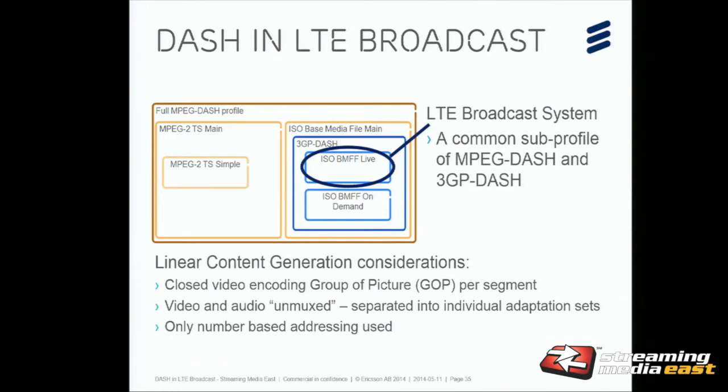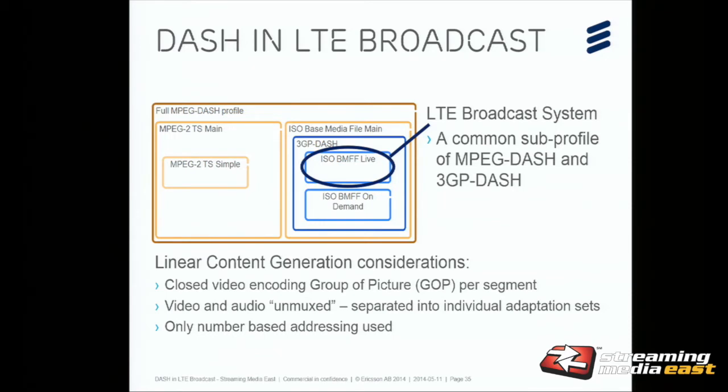Thank you. The LTE Broadcast system essentially uses a common sub-profile, a piece of commonality common between MPEG-DASH and 3GP-DASH. So we're using base media file format, the live profile here, to get some commonality in these standards, and also a few restrictions about what we do from a packaging and video encoding perspective.